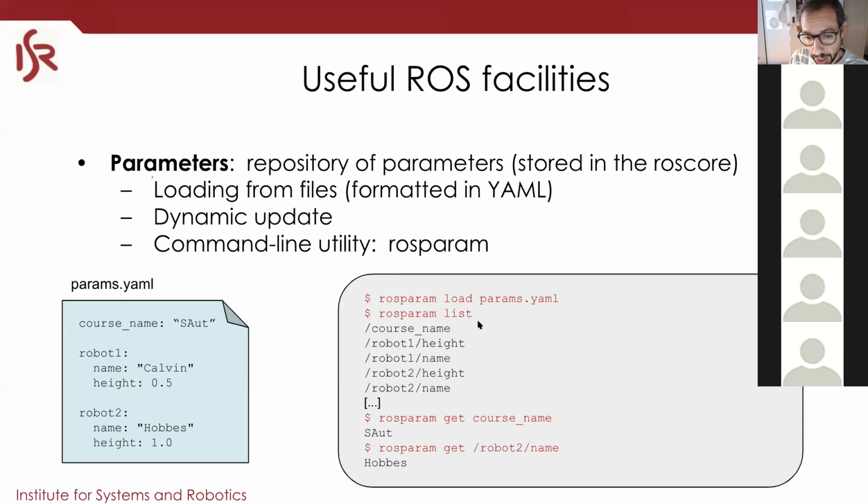There is nothing magic about this, okay? It is just a string, and the name of the parameter is this string. The thing is that the way the string is created is based on this hierarchy, okay? When you launch a node in robot1, you have a programmatic way of only seeing the parameters of robot1. Meaning that robot1 and robot2 can have exactly the same program.